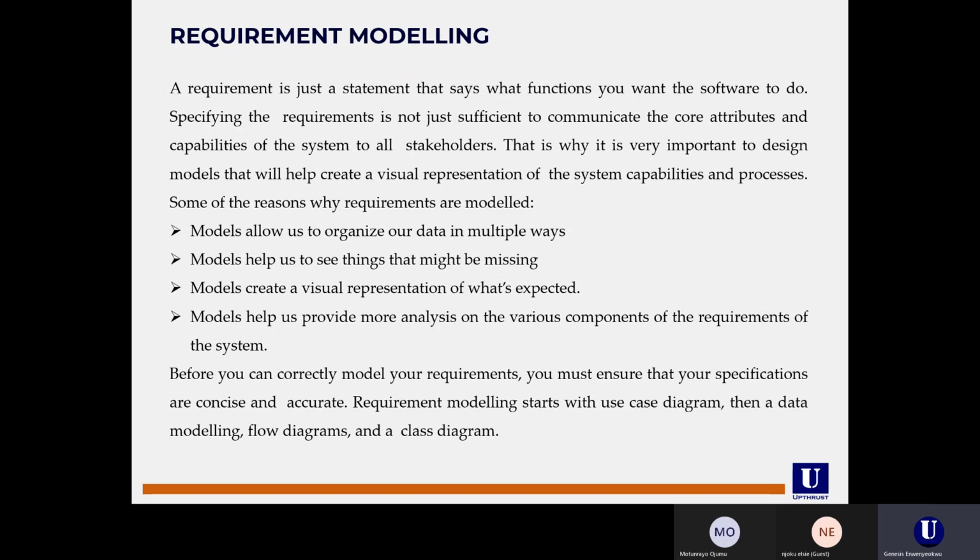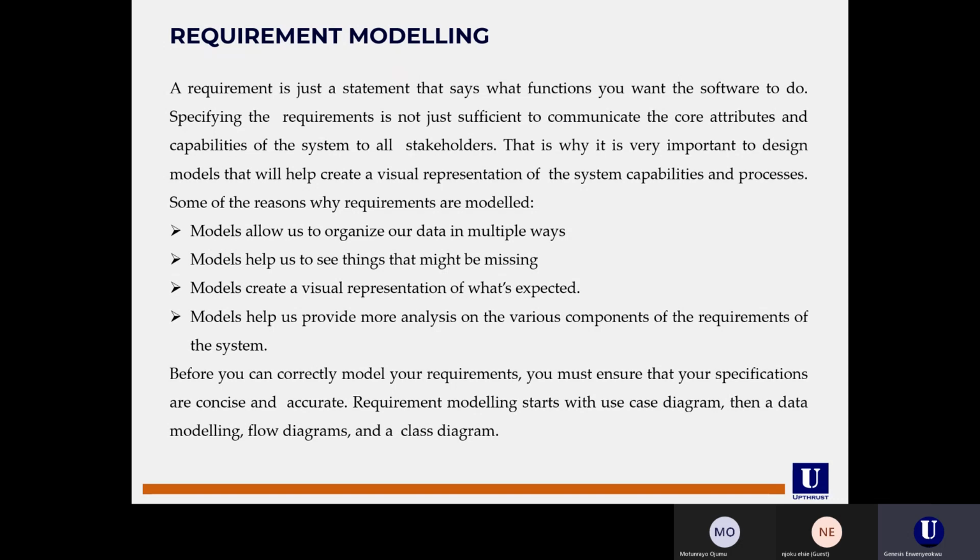And that is because models help us to see some things that might be missing in our specifications. Models help to create a visual representation of what is expected. What do our stakeholders expect from us? What solution are we expecting to build? The models we create provide a visual representation of what the solution would look like.